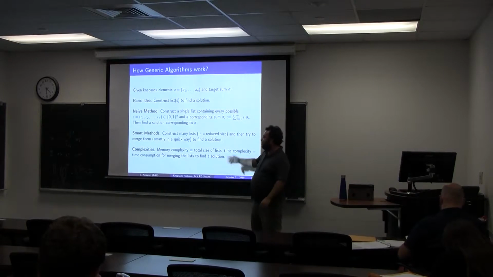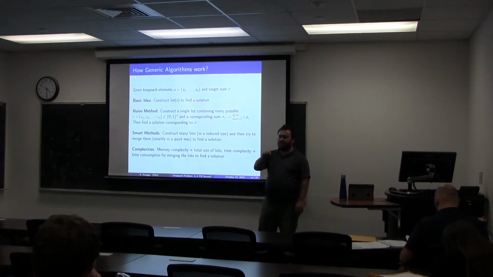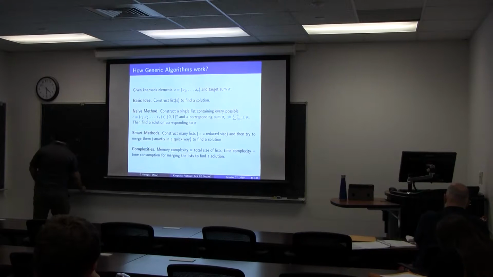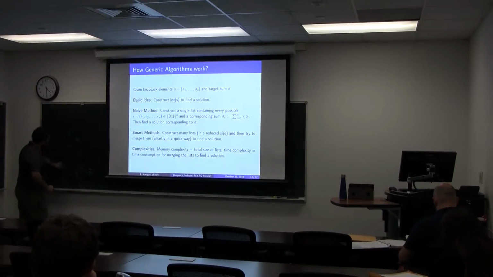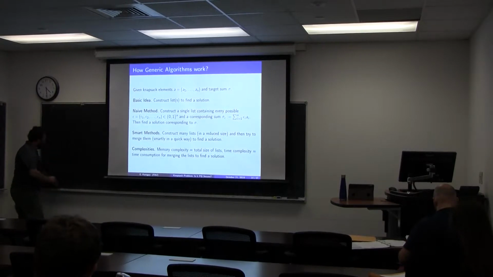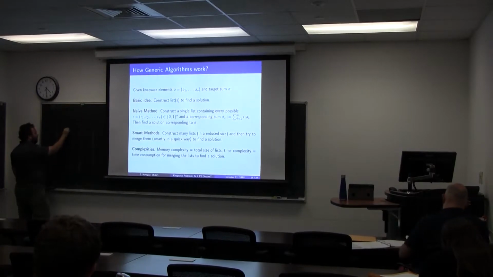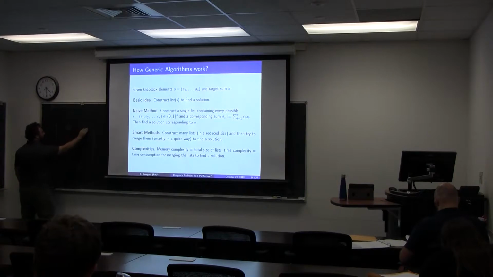The naive method just constructs a single list with all possible solutions. This is your epsilon candidates and the corresponding sigmas.